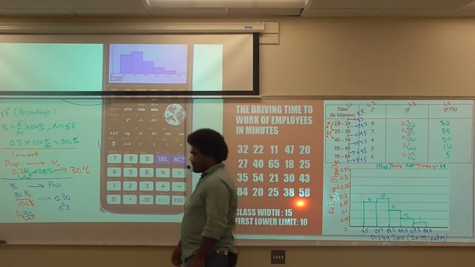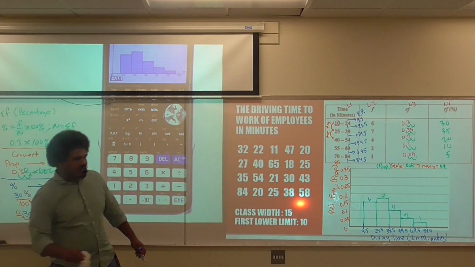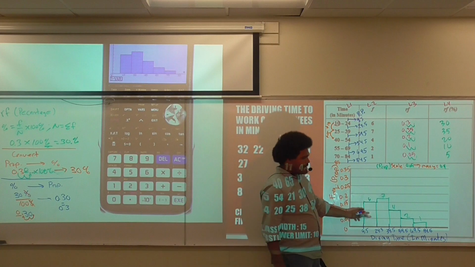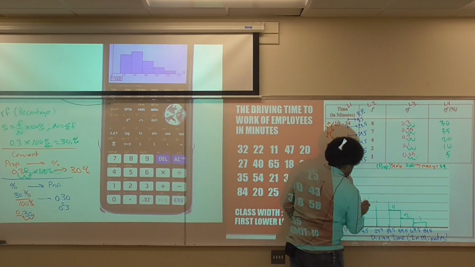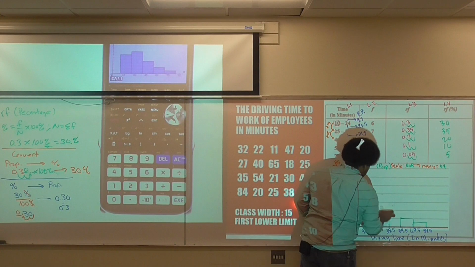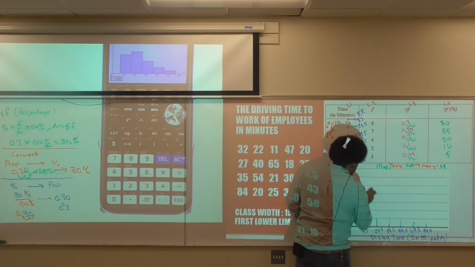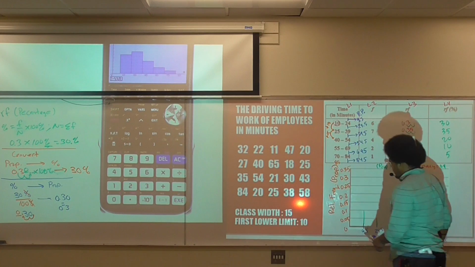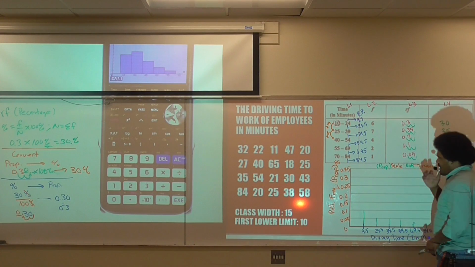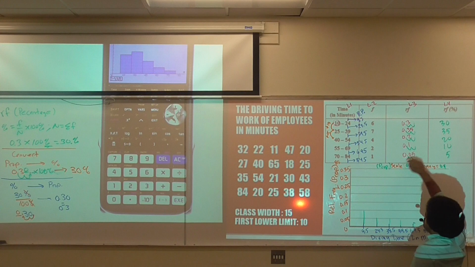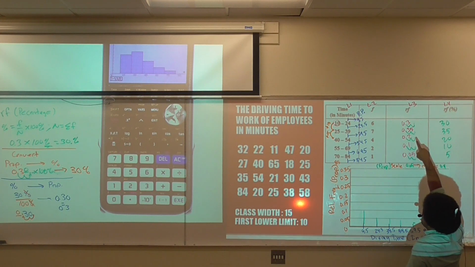So what I have to do is raise these, because these are not going to match. These are not matching. So I have to raise the rectangles and redraw. And that's one thing we have to worry about now. It's just a redrawing. So here we go. For the first interval, it was supposed to be 0.3.